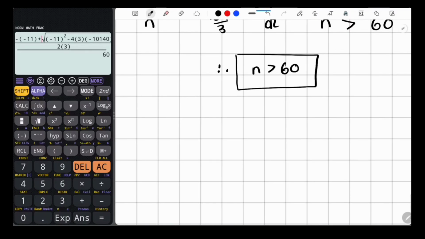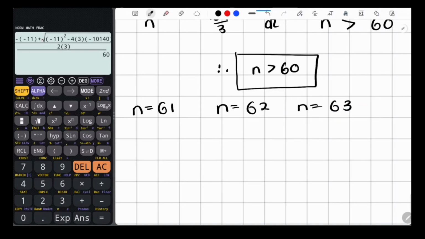But for this solution, since they said n needs to be greater than 60, let's think about n values. Let's think about answers that are greater than 60. So the things that would work for this inequality are things like this, where n has to be greater than 60. So where n is 61, where n is equal to 62, where n is equal to 63.